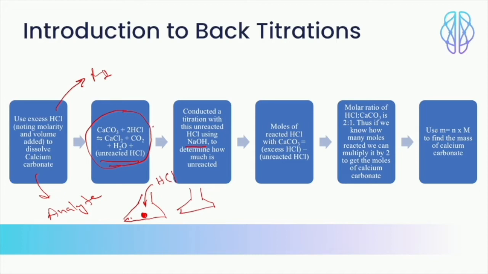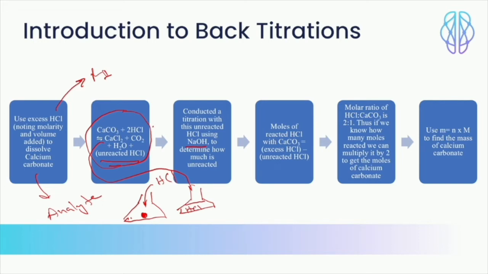So I have calcium chloride, draw an arrow here, calcium chloride, I have CO2, I have H2O, and I have a bunch of unreacted HCl. I then put a burette over it, take it through my normal titration method, and in my burette I'll have sodium hydroxide, and I'll take it to the equivalence point, and I'll find the exact amount of sodium hydroxide that was used to react with the excess HCl.